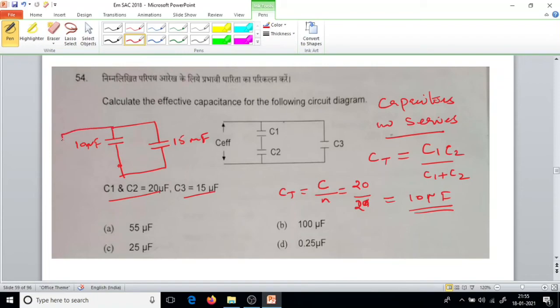So what will be the equivalent capacitance if we measure from here? It's like a series combination of resistors, so we just add the capacitors. C total equals 10 plus 15, that is 25 microfarad. Answer is option C, 25 microfarad.